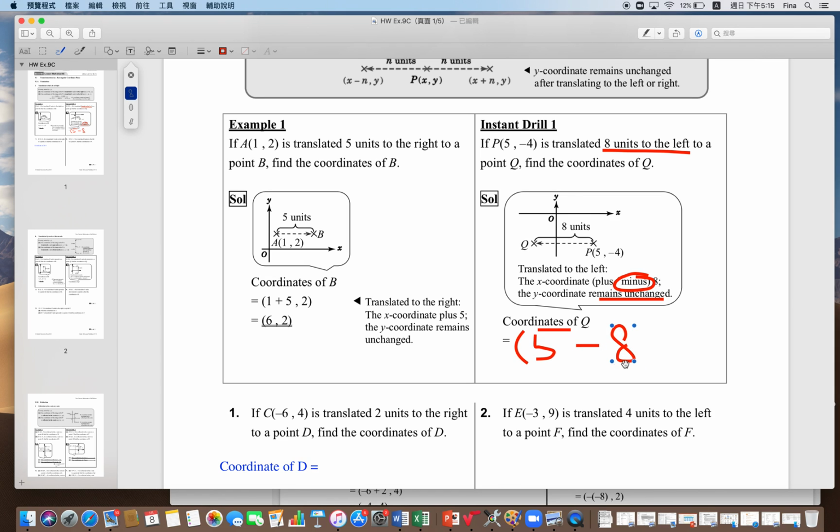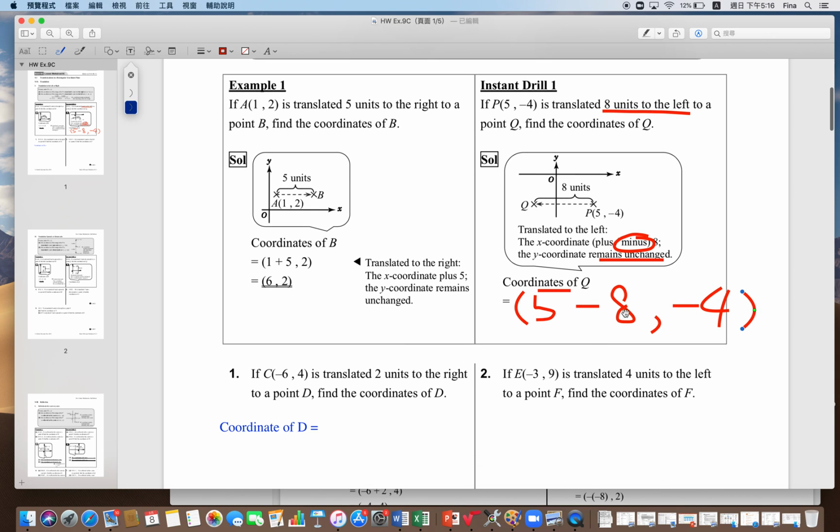And then this is the x coordinate. Next, you have to write down the y coordinate. Remember to separate the x coordinate and y coordinate by a comma. And then the y coordinate keeps unchanged. That means just copy the y coordinate here, -4. Then close the bracket. This is the presentation of the coordinates.